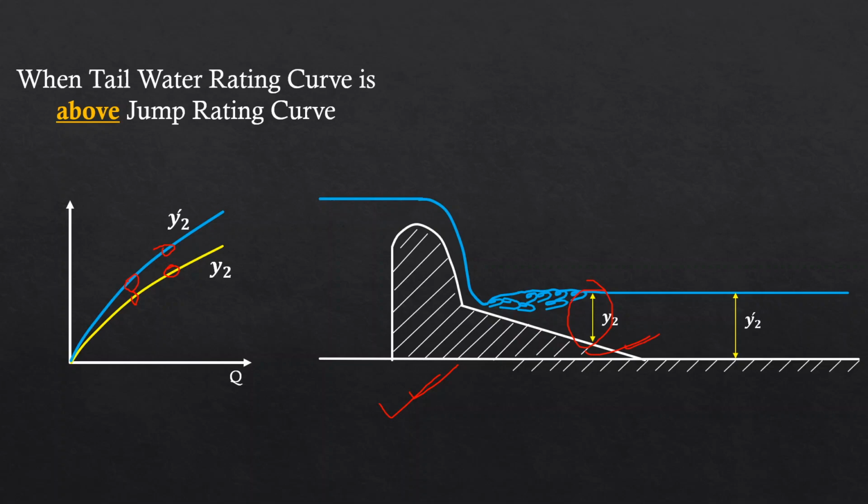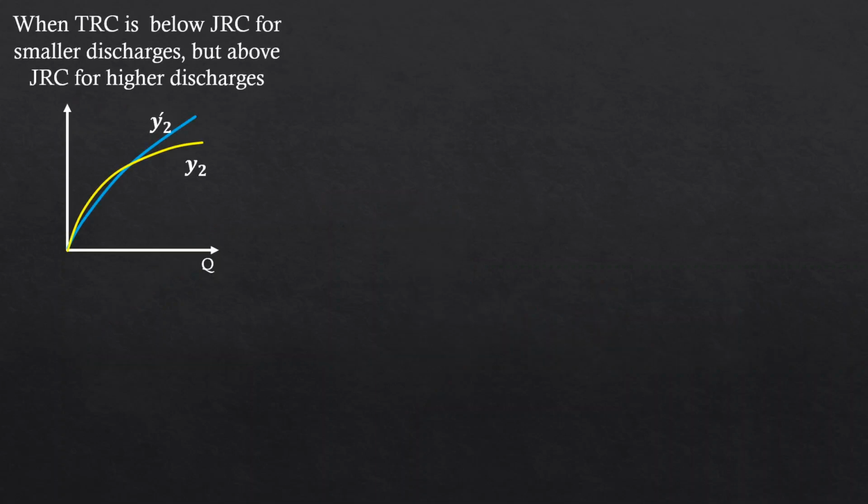Now some two other situations may be faced. One is when the tail water rating curve is below the jump rating curve for smaller discharges, but above the jump rating curve for higher discharges.